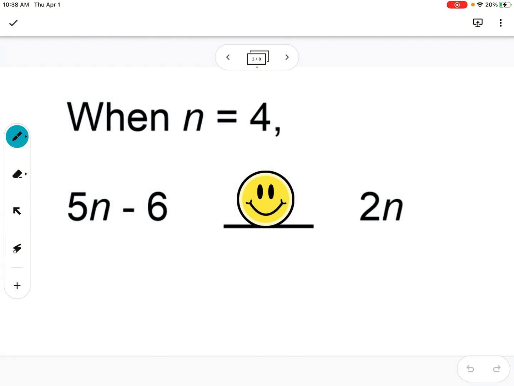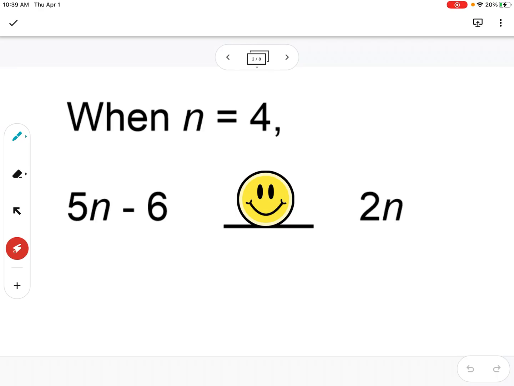Yesterday we discussed that a variable is a letter that's representing an unknown amount. N, for example, is a variable. Today it's telling us that when n equals 4, we want to solve this inequality below.